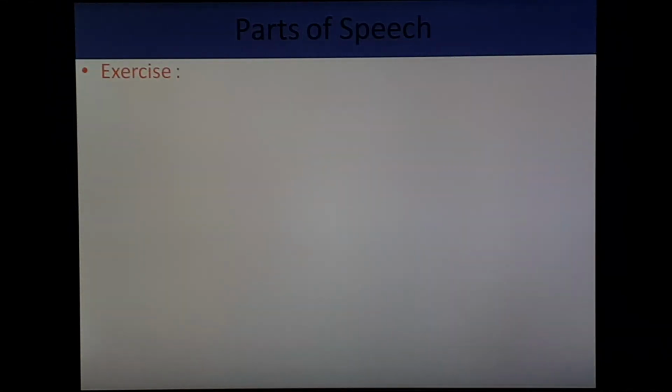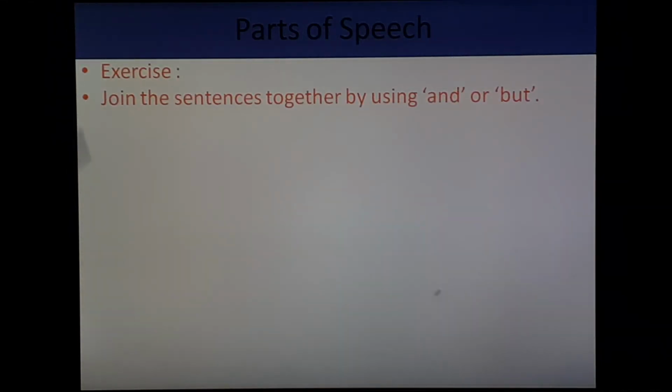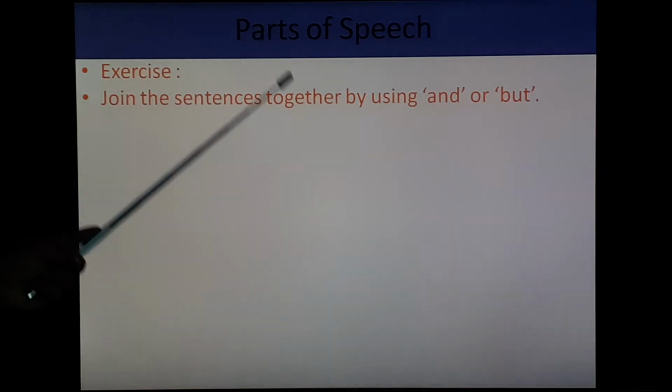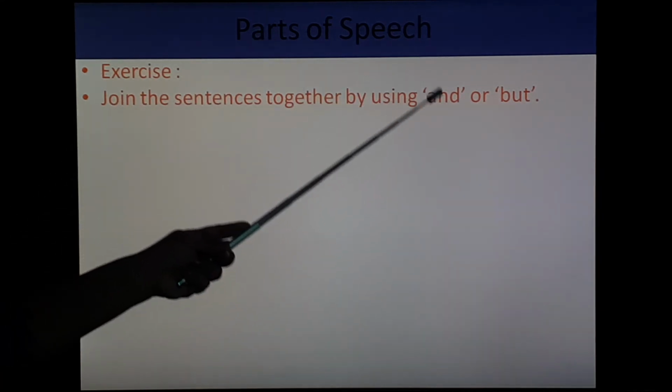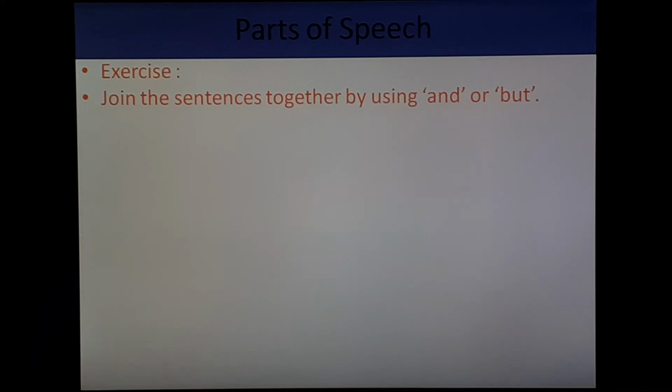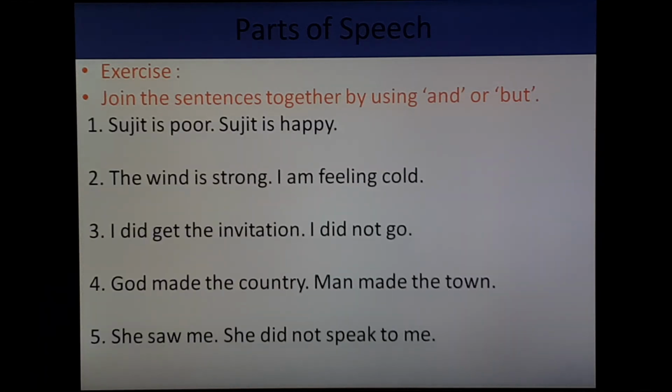Okay, let's do an exercise. Join the sentences together by using and or but. Okay, 5 sentences are given. So here you have to join the sentences together with the help of and or but.